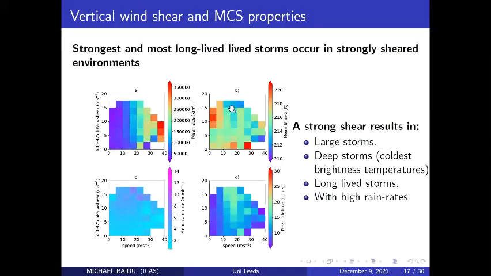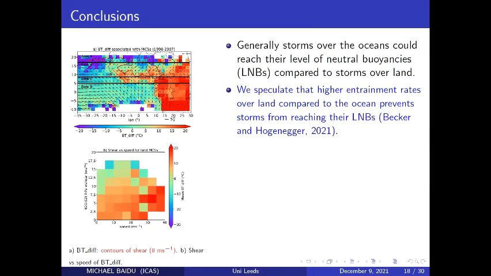And also you realize here that for storms with speed greater than 10 meters per second, the increased shear results in colder storms, higher rainfall rates, and longer lived storms. So a strong shear is resulting in longer lived storms, storms with higher rainfall rates, and storms that are colder.